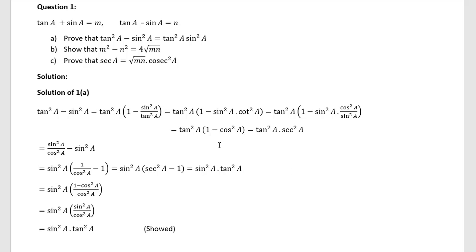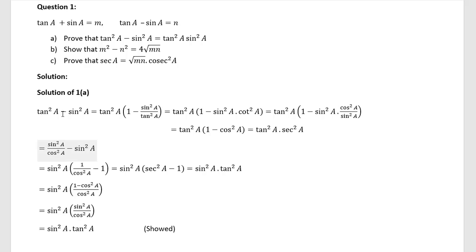If you are conscious about what to do to get the right side from the left side, or what to do to get from the given expression to the required expression, then it is very easy. Whichever way you take, you will go to the destination.